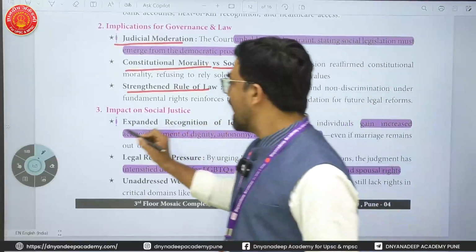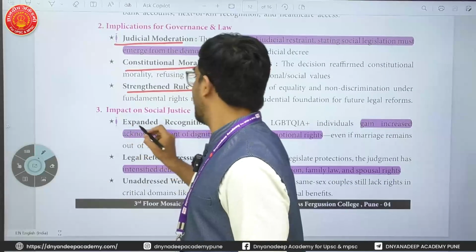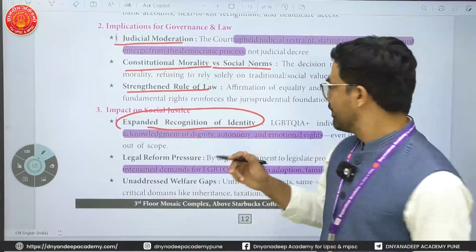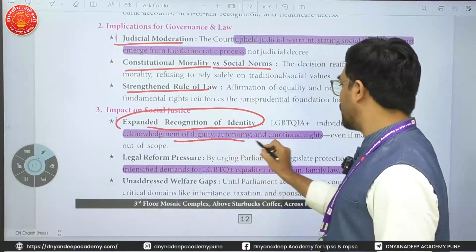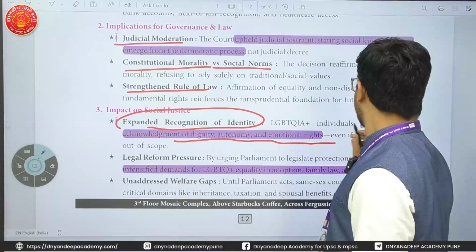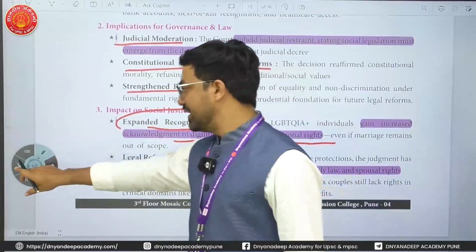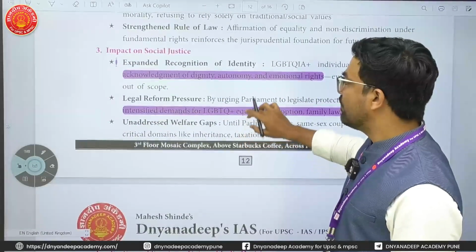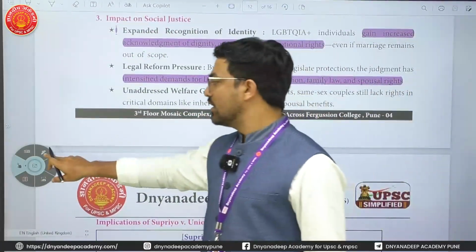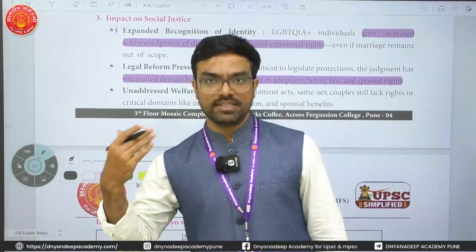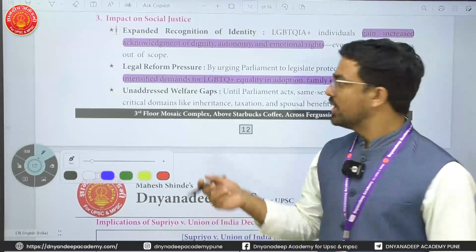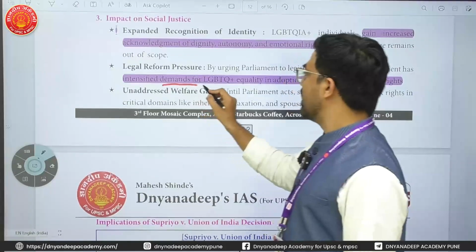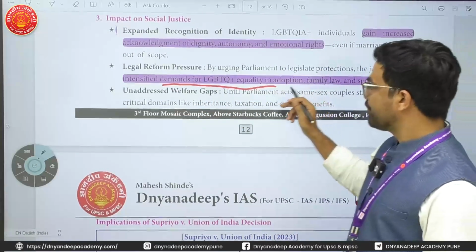Right? Impact on social justice. It expanded recognition of identity. Yes, it acknowledged dignity, autonomy, and emotional rights. It gives increased acknowledgement. Legal reform pressure: now, as the Supreme Court has put the ball in Parliament's court, it creates pressure on Parliament to address the demands of the LGBT community.